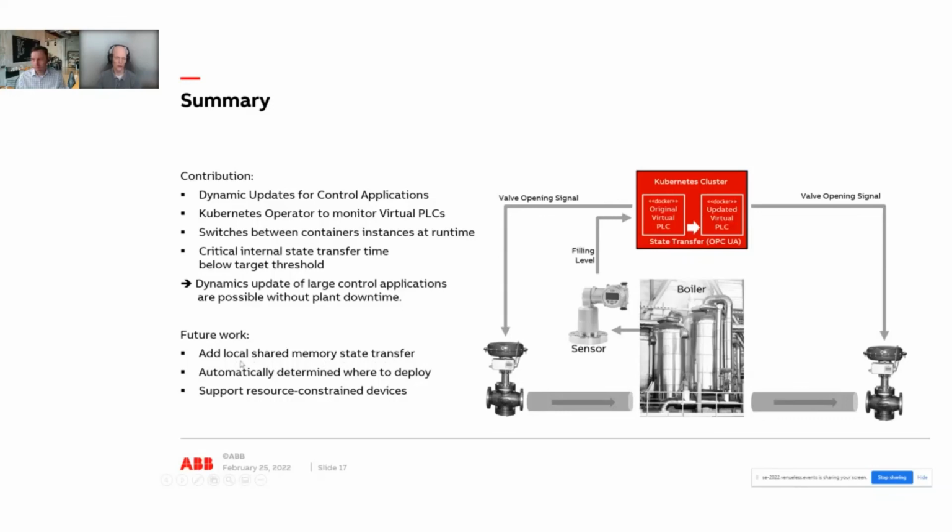So far, we use a network protocol, which is still not optimal for very fast transfer times, but it was sufficient in our case. You could also have some more sophisticated mechanisms to determine where to deploy the workloads if you have freedom in the cluster. And then we also would like to look into resource-constrained devices, so new embedded systems and real-time operating systems like VxWorks.